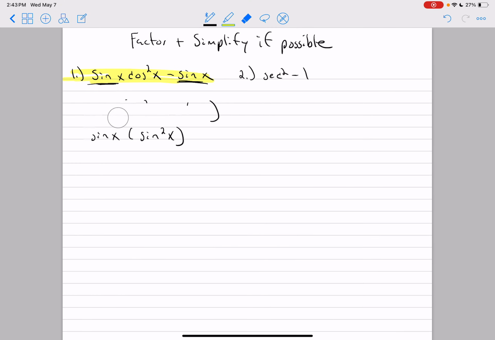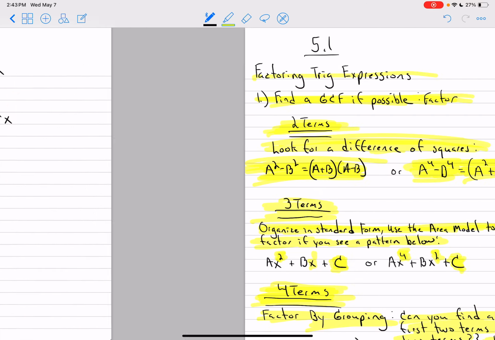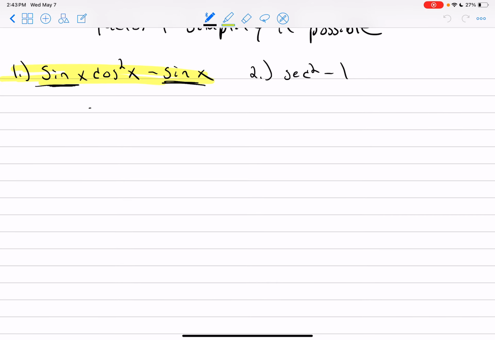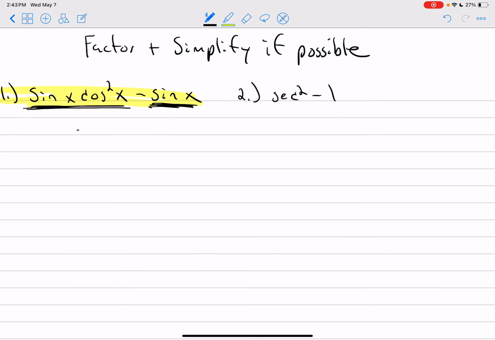Okay, so let's do this first one. It says sine x cosine squared x minus sine of x, okay? So let me go through. First thing it says is find a GCF if possible, so let's see. This has sine and cosine squared, and this one has sine, so their GCF would be sine.